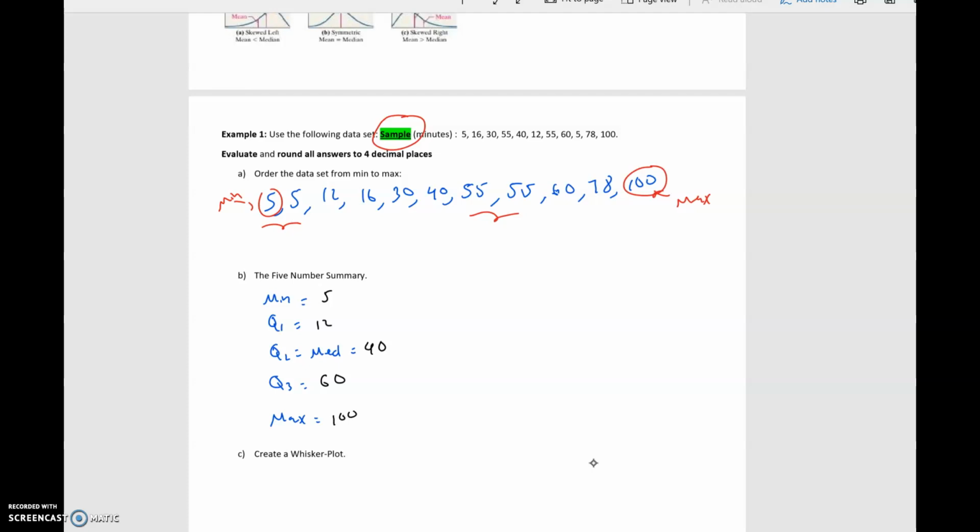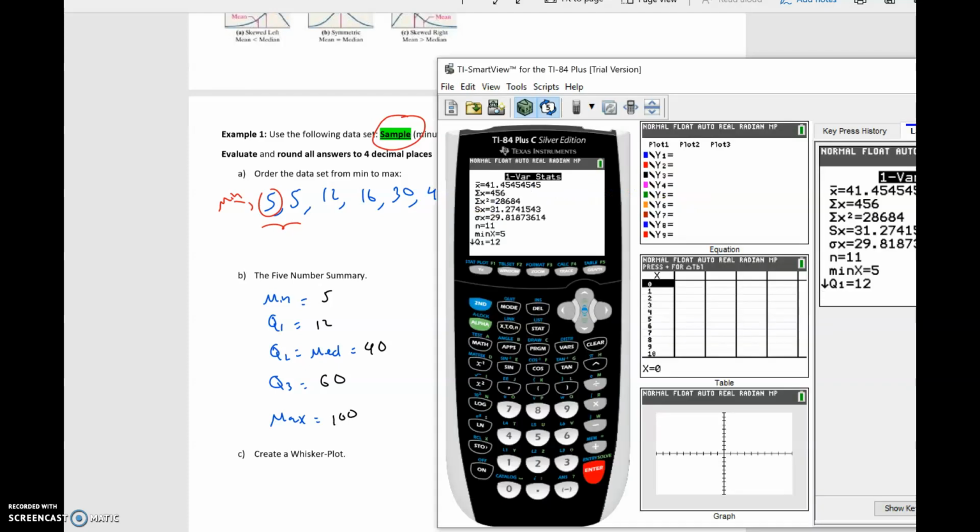And the maximum is 100, which you can retrieve by going in this order. You can see your 5-number summary at the bottom. It starts with the min 5, 12 for Q1, median 40, Q3 60, and our maximum value, which happens to be 100.